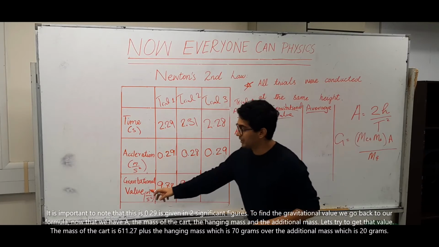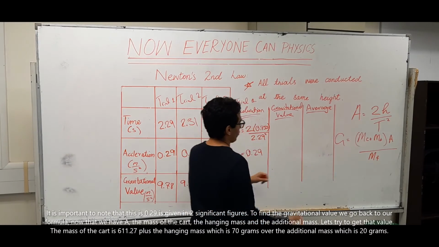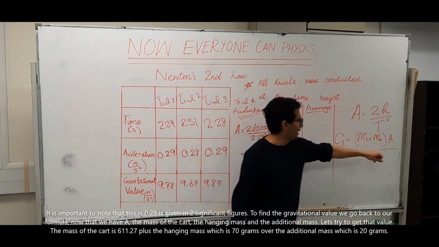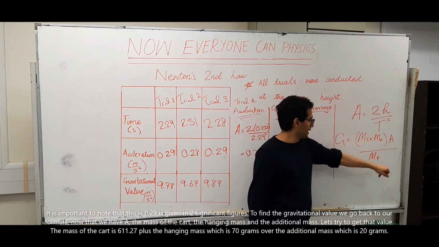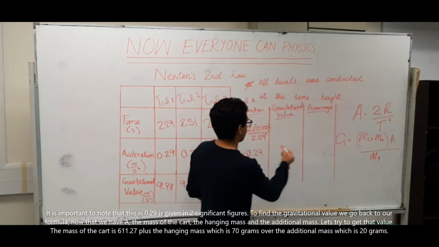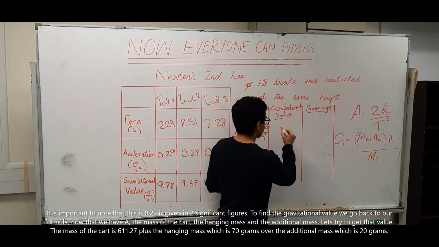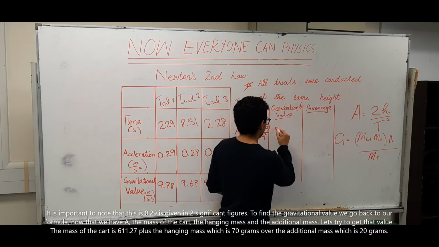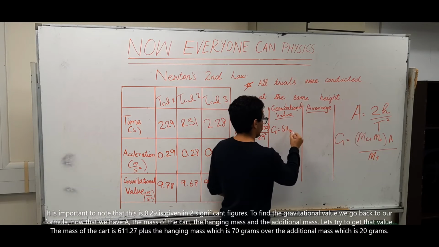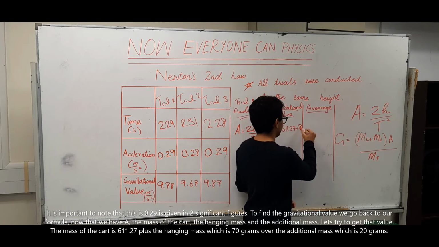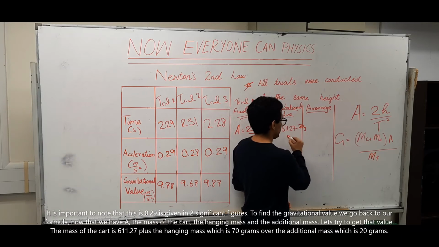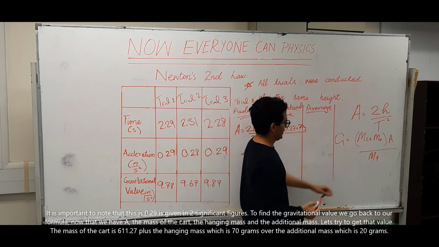To find the gravitational value, we go back to our formula right here. Now that we have a and we already know the mass of the car and the hanging mass and the additional mass, let's try to get that value. The mass of the car is 611.27 plus the hanging mass was 70 grams. This is divided by the additional mass.